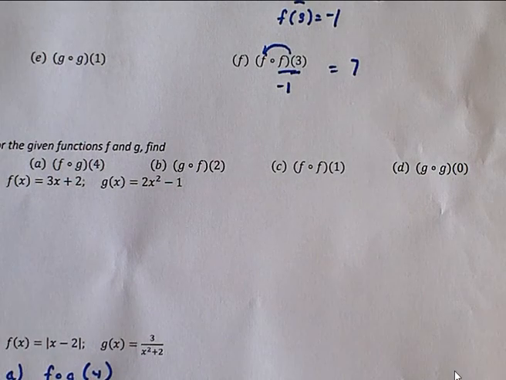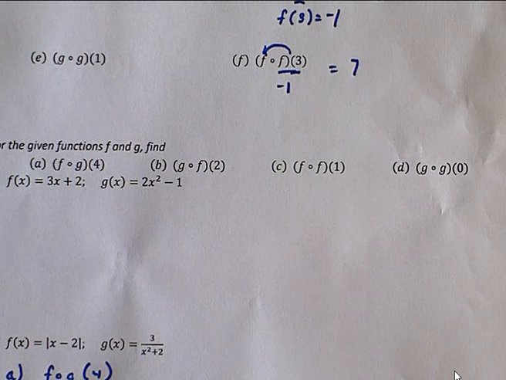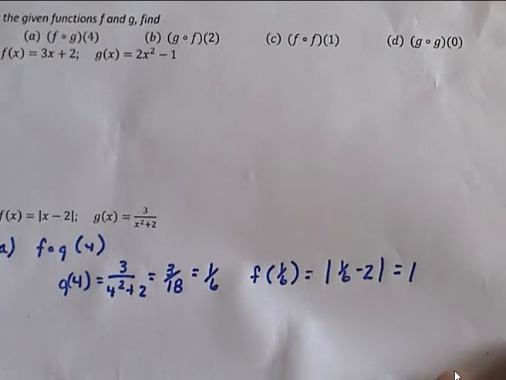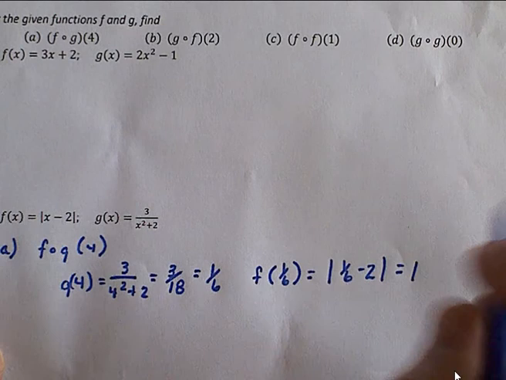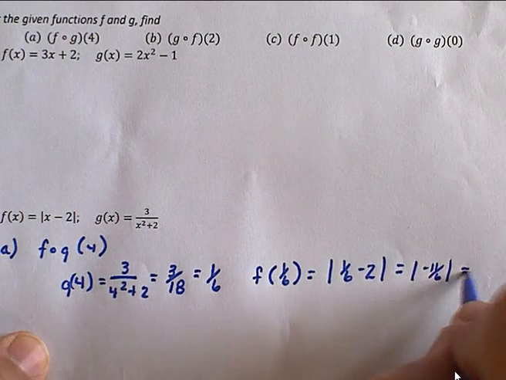And I'll use my calculator for this. I get -11 over 6, but the absolute value then would make it positive.